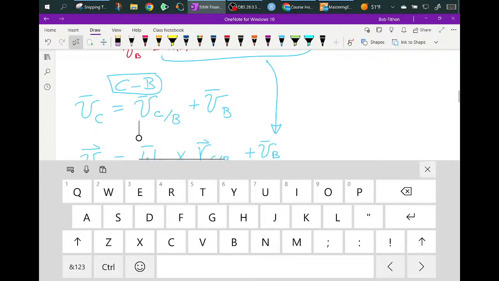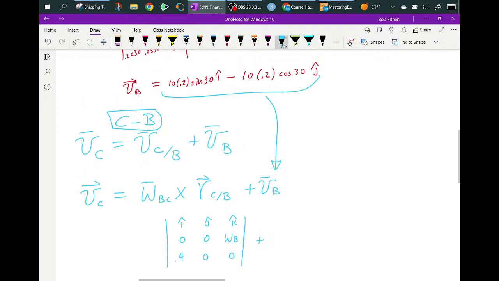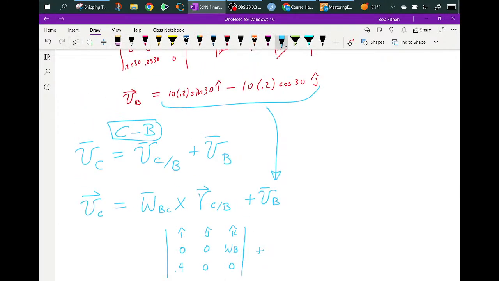Which I can write that down. And you know what? Instead of just keep writing this 10, I'm just going to write it as omega AB, whatever's given, 0.2 sine of 30 I minus 0.2 cosine of 30 J. Where am I getting that from?